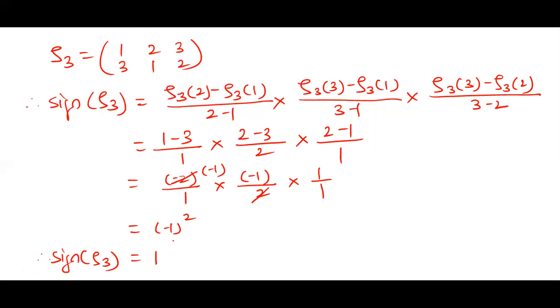Let's find signature of mu1. We have mu1 is equal to a permutation in which 1 maps to 1, 2 maps to 3, 3 maps to 2.